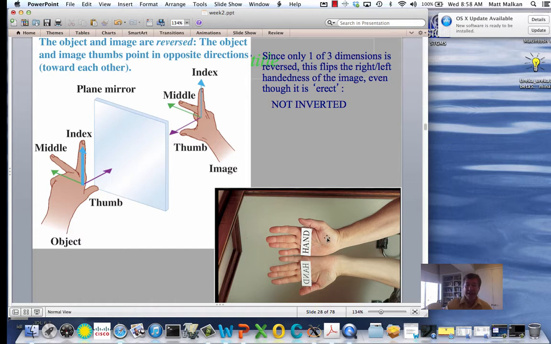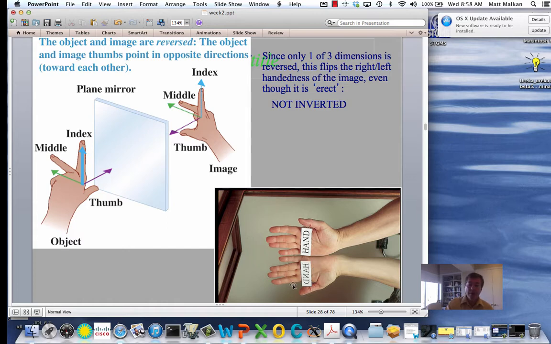Here's an example of this in case you forgot. There's the real hand of the person. It's on top of the mirror. This is a nice clean mirror. Makes a really good image. There's the image of the hand underneath the mirror. And although it was a right hand, that looks like a left hand. The person has not put their left hand here. There's no left hand anywhere in here. This person could be an amputee.